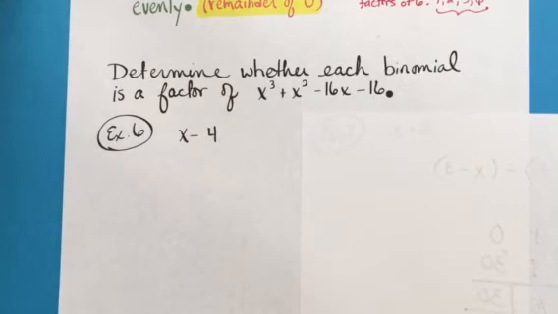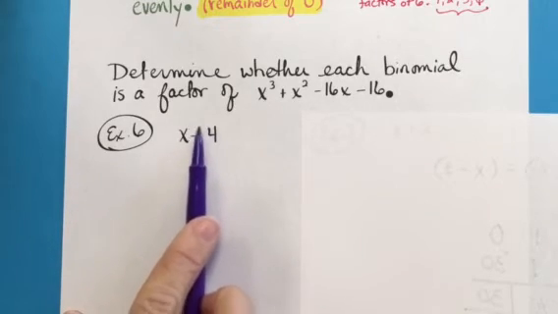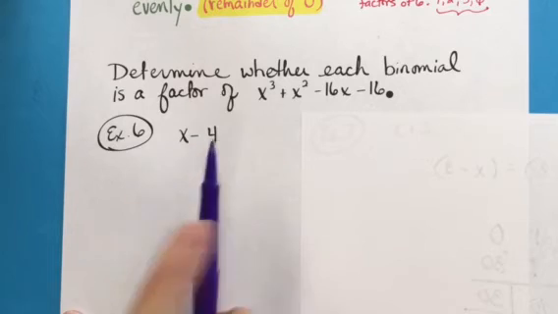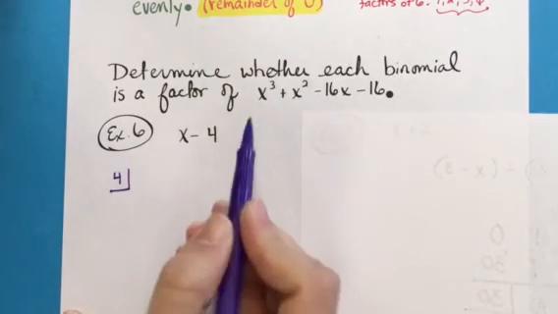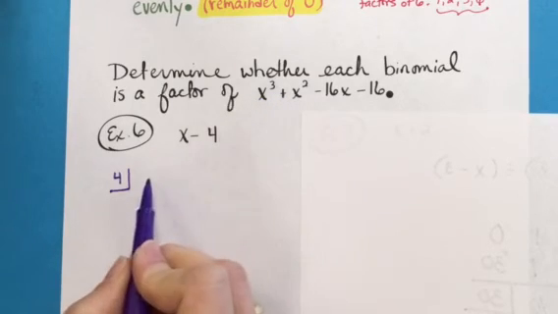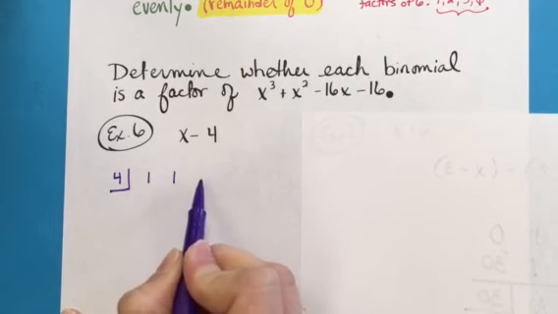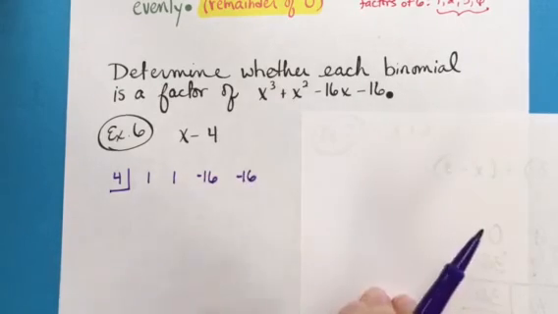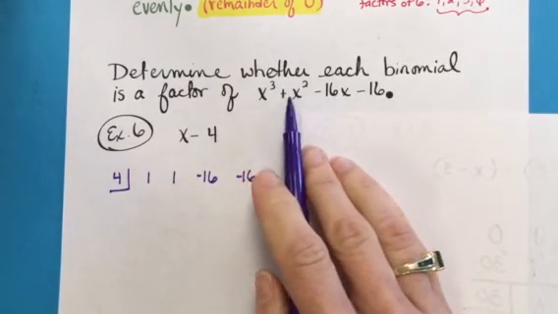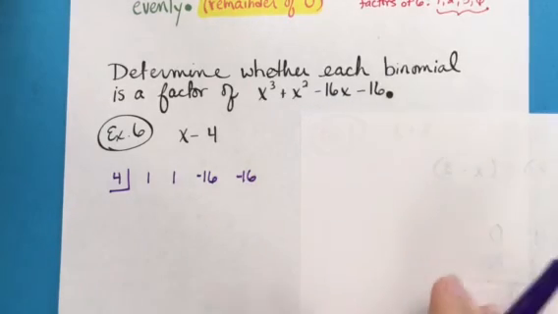And we can figure this out by doing synthetic division. So remember, I want to do the opposite of this number. So that's going to be a positive 4 when I set up my synthetic division. And then I would have 1, 1, negative 16, and negative 16. Of course, that's coming from here.